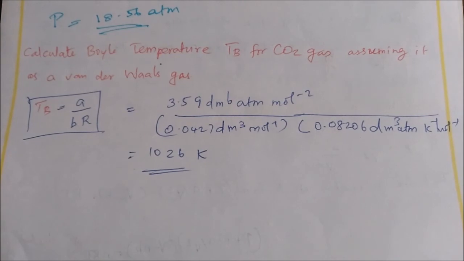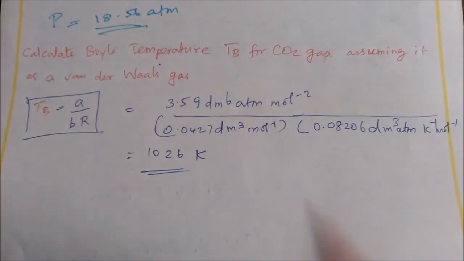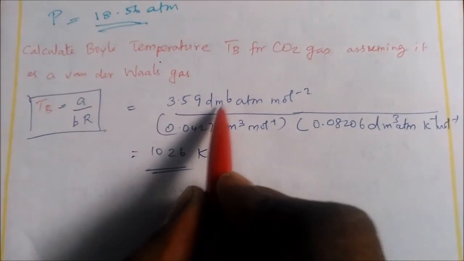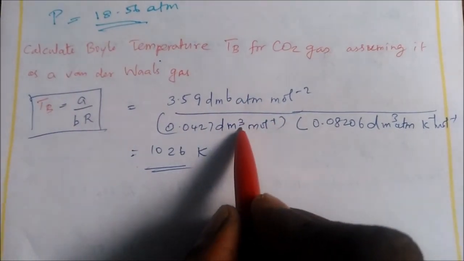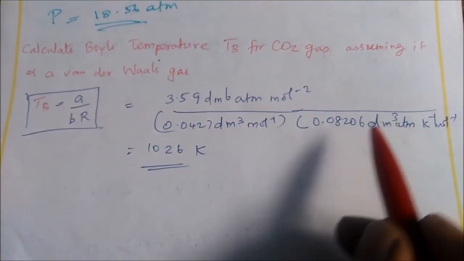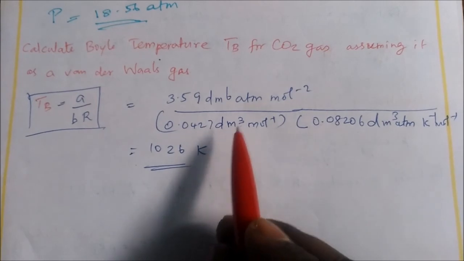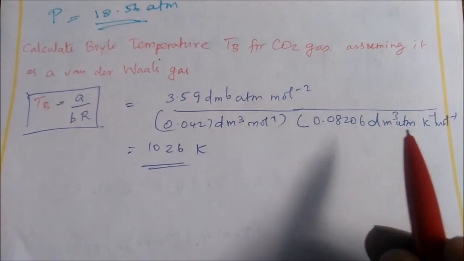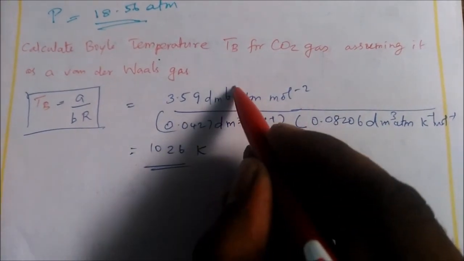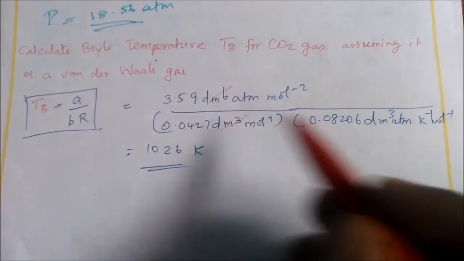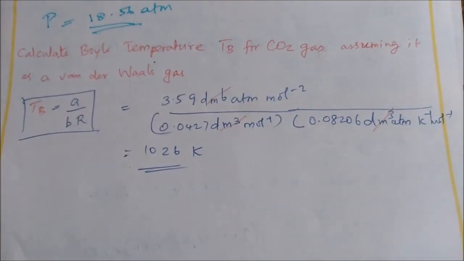First let us simplify the units. Here we have dm power 6, here we have dm power 3, here dm power 3. So dm power 3 into dm power 3 is dm power 6, so it can be simplified.